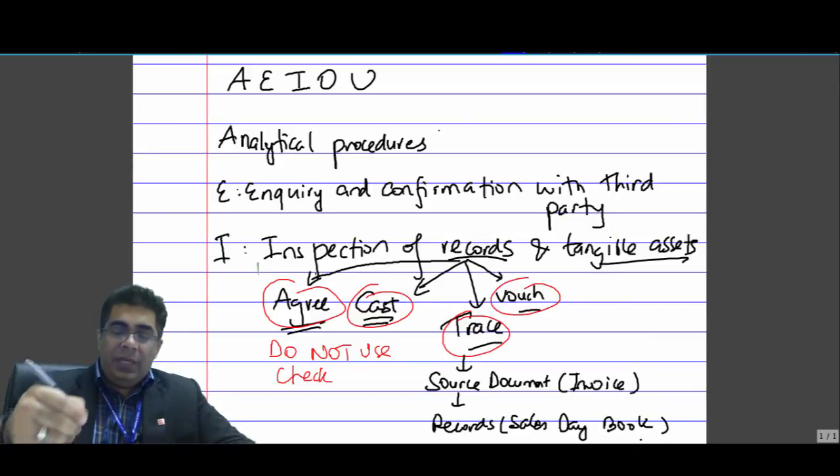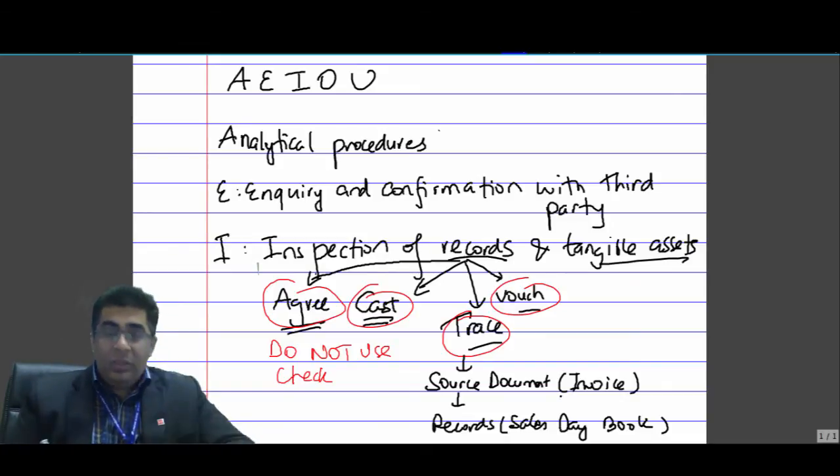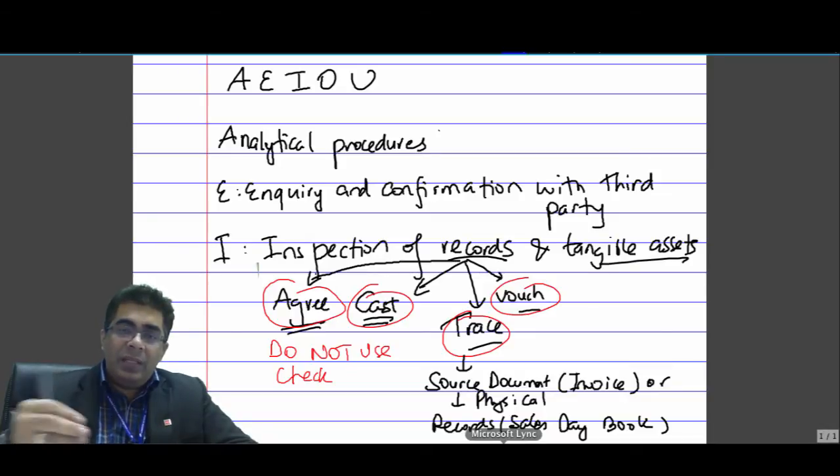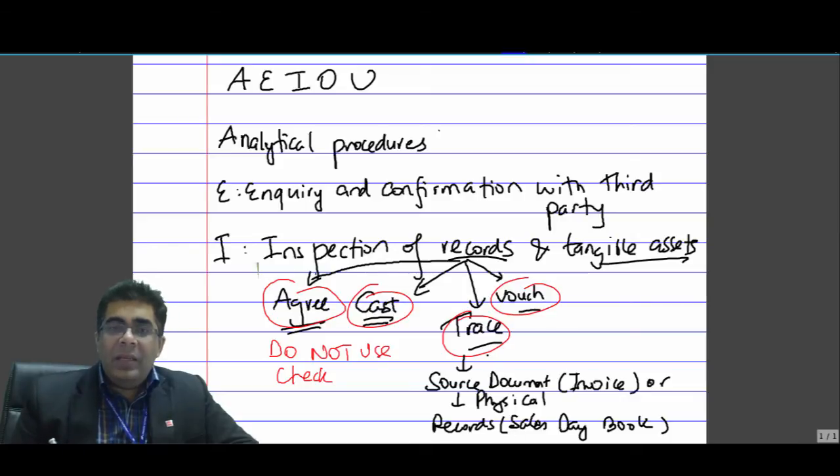Whenever you do testing forward from the source document or from the physical, so you did an inventory test count, right? You took a physical count of a particular inventory and then you traced it to the records. Whenever you're moving forward, from the source or the physical to the records, we say the word trace. Normally trace is used for completeness.